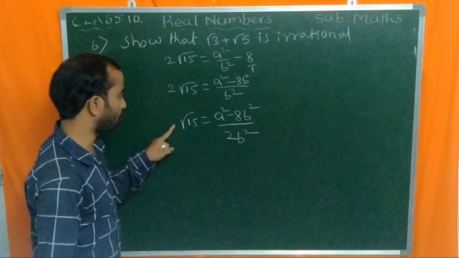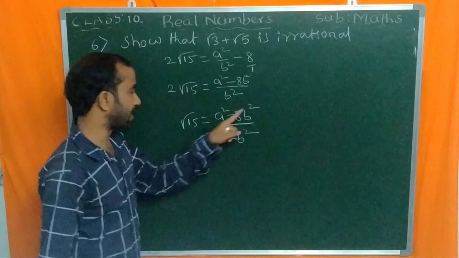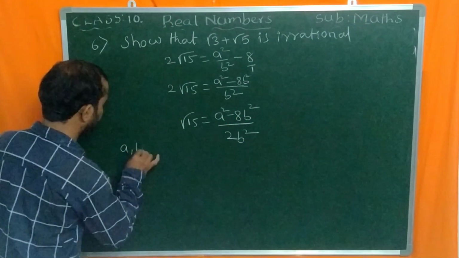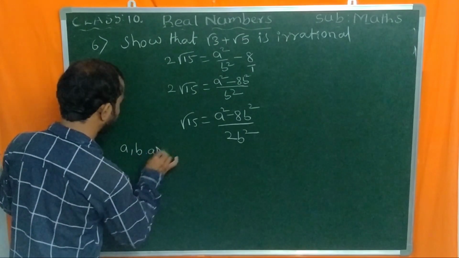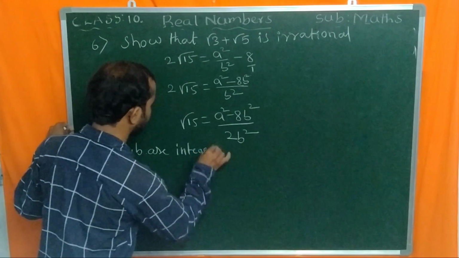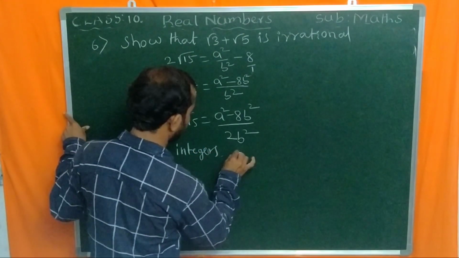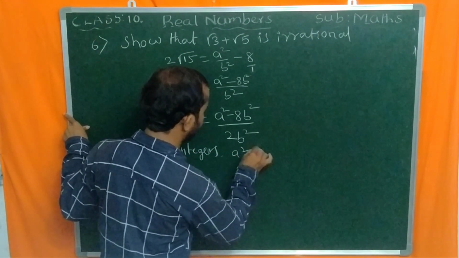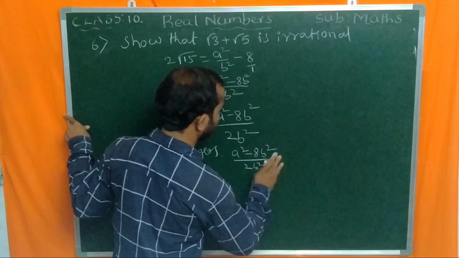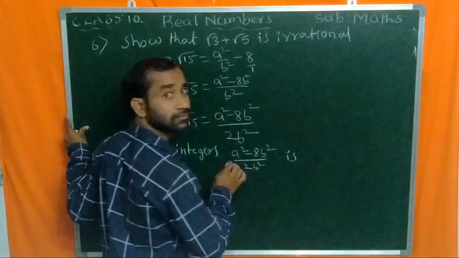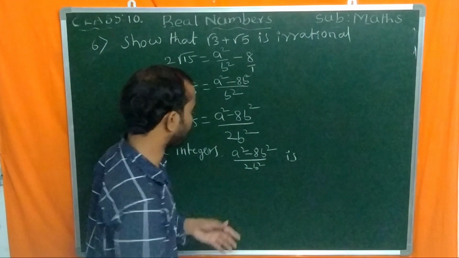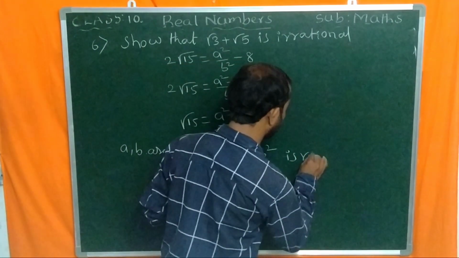So root 15 equals a square minus 8b square by 2b square. Here a, b are integers and a square minus 8b square by 2b square is a rational number.